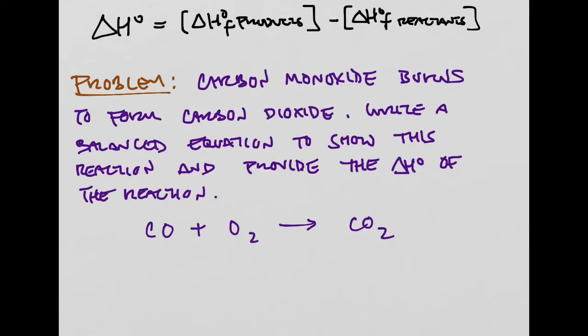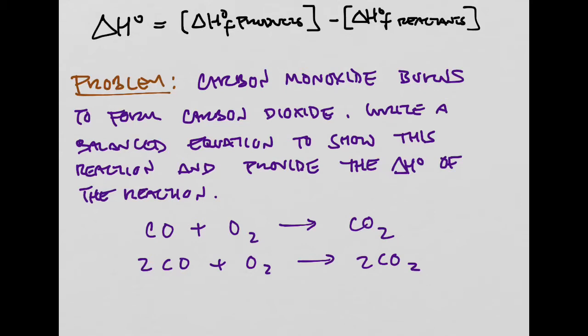When you look at this reaction here, obviously it's not balanced. And so the first thing you need to do is go ahead and do the balancing, which is what I had here moments ago. But note that this is not the enthalpy of formation for carbon dioxide.